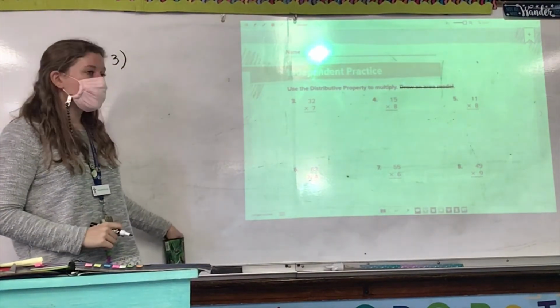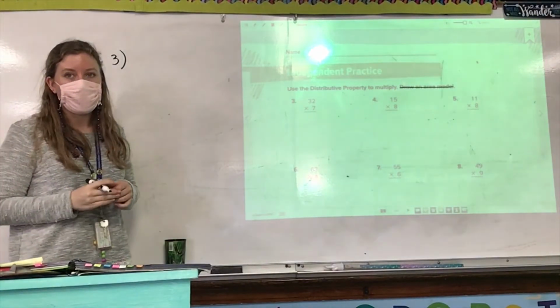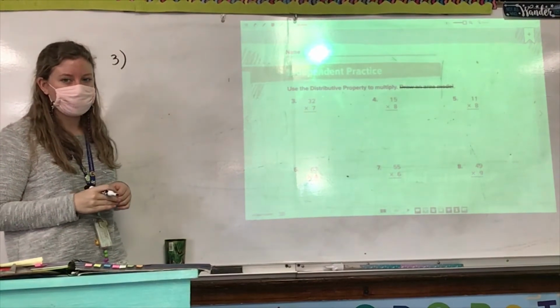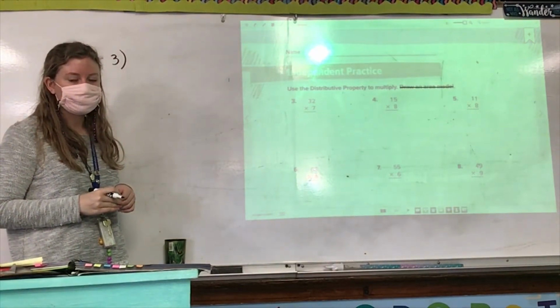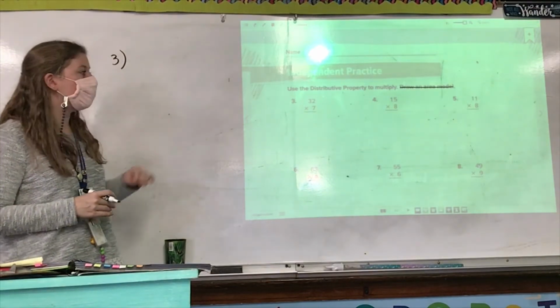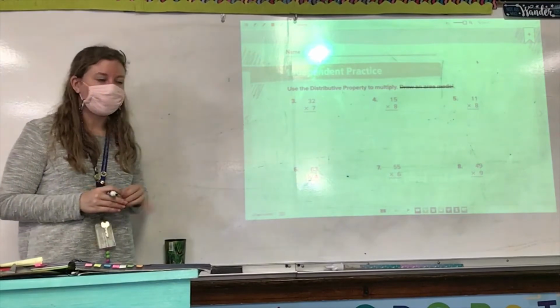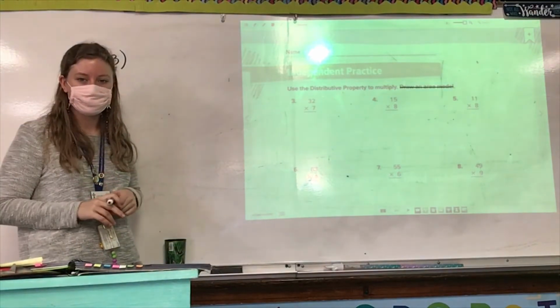When you are showing work on a separate sheet of paper, what is the very first thing you should always do after you number it, Zari? Can you repeat that? Whenever you are showing work on a separate sheet of paper, after you write the number, what is the next thing you should always do?